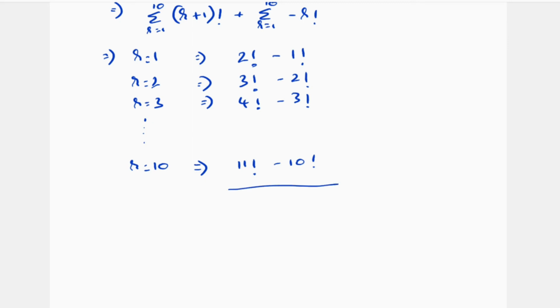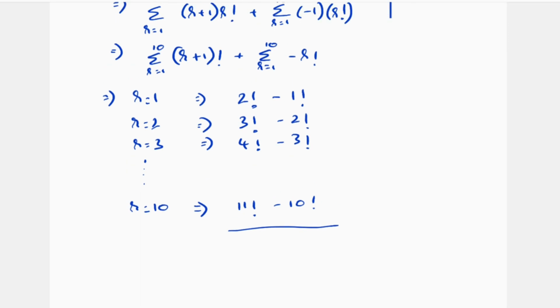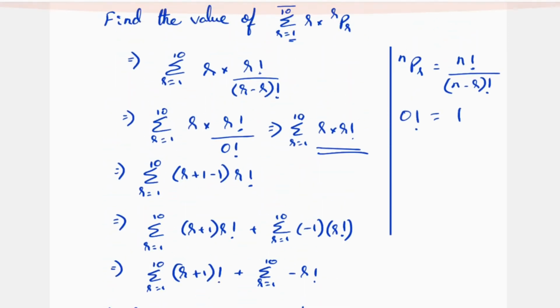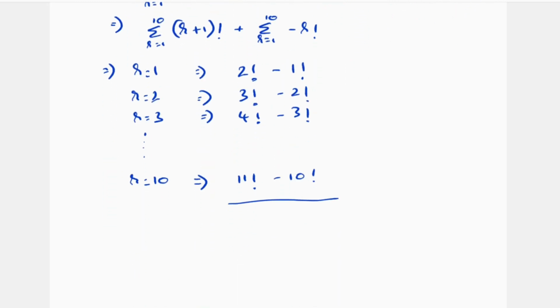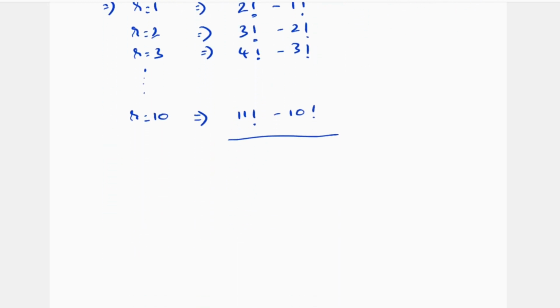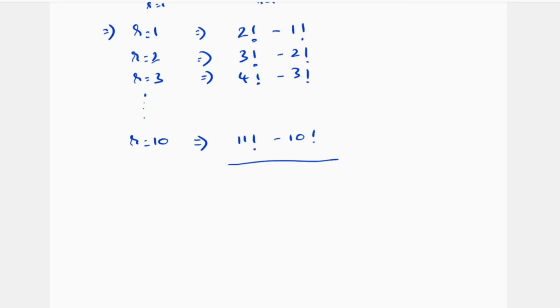Now if I sum it up, because that is what has been asked of me, you can look at the question here, summation r equal to 1 to 10 for this expression. If I look here, this plus 2 factorial and minus 2 factorial will cancel. Plus 3 factorial minus 3 factorial will cancel. Same way, plus 4 factorial will cancel with minus 4 factorial, which will be there for r equal to 4. Likewise, it will cancel until 10 factorial.